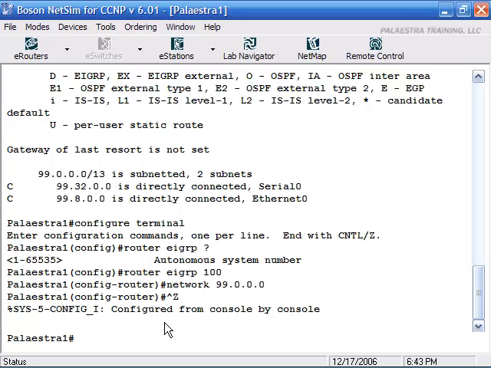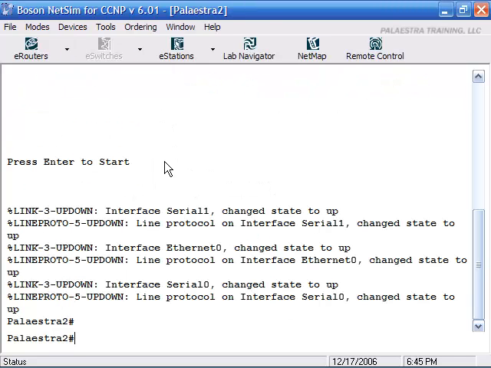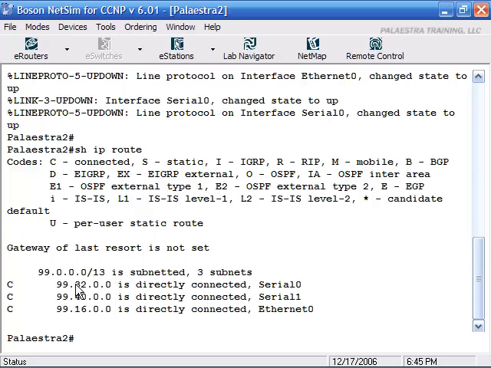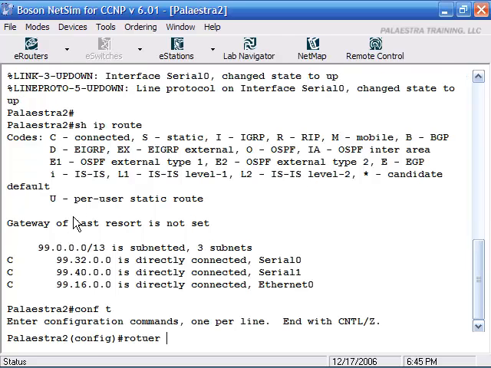So let's go in and configure Palestra 2 and Palestra 3. I will go up here, select Palestra 2, same thing, show IP route, check out the routing table, everything looks good, telling me the interfaces are up because the directly connected subnets are showing up in the routing table. Global mode, router EIGRP 100.